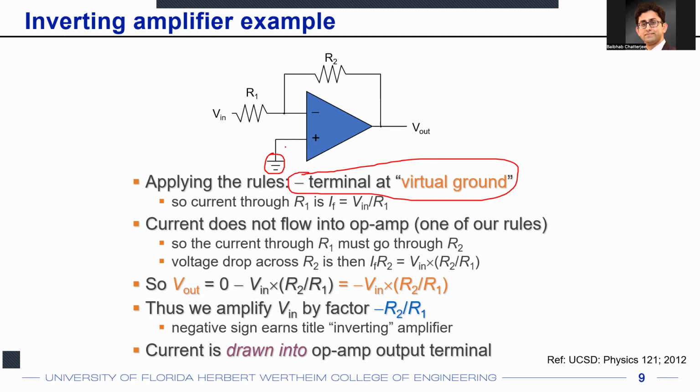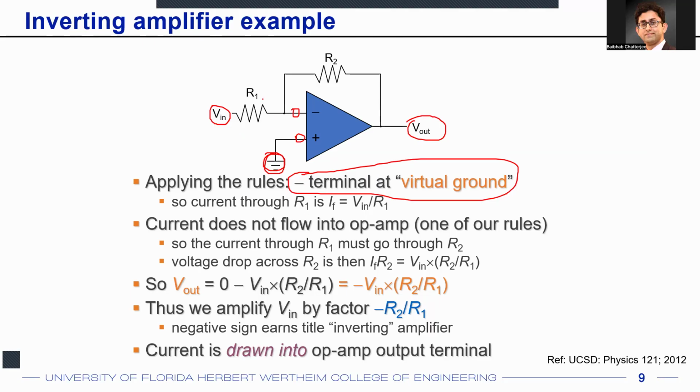It could have a DC voltage, but in this case, you're only interested in op-amp based amplification, which means your input is AC, your output is AC, and then you can have an AC ground over here. And the other node is a virtual ground, because again, you have a negative feedback here. With that negative feedback, you'd like to stabilize the voltages at different terminals in this op-amp circuit. So if this point is ground, this point is also a virtual ground. Right? The example that we discussed in the beginning of the lecture.